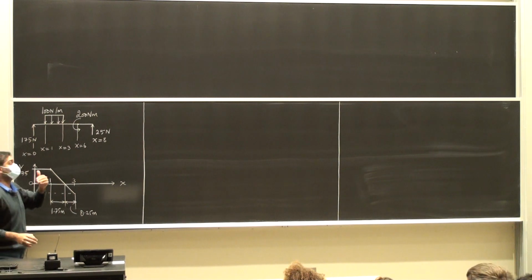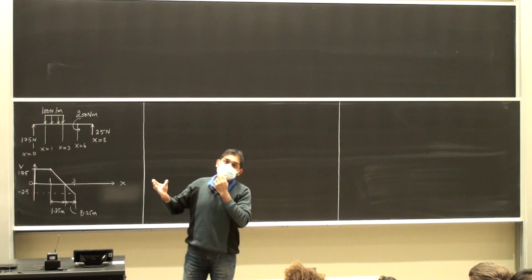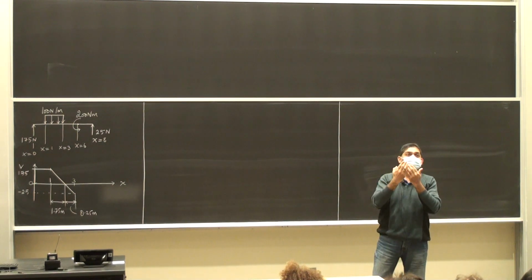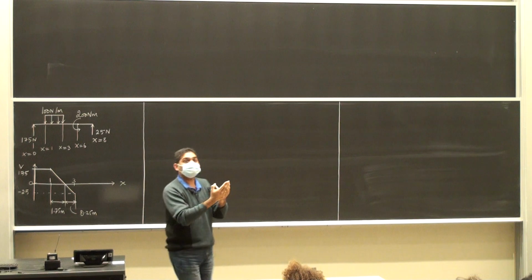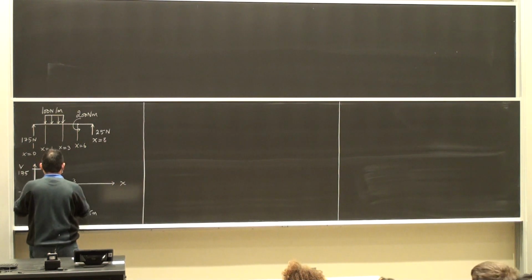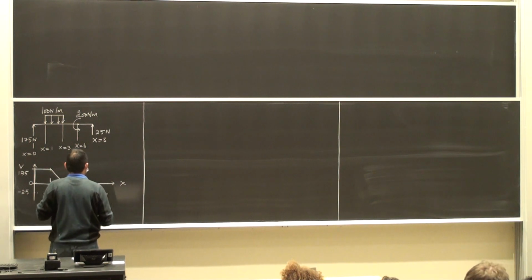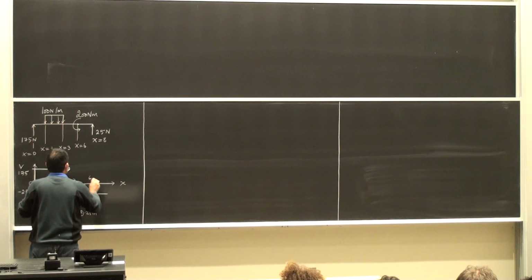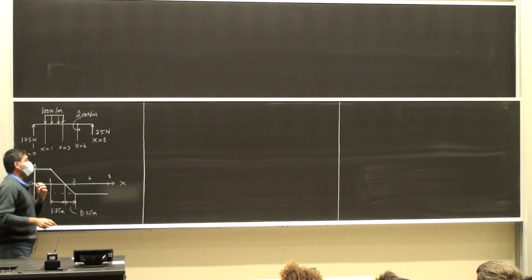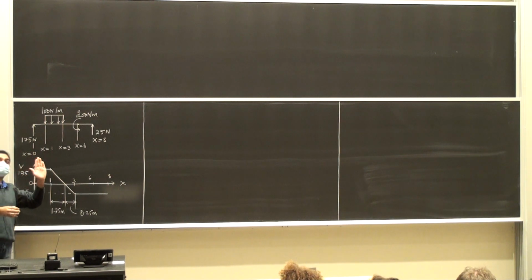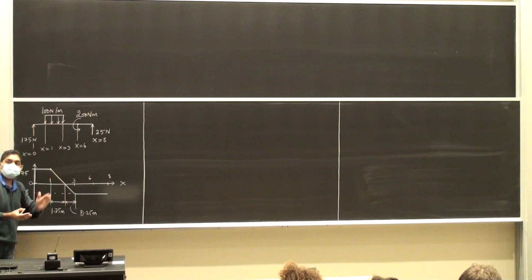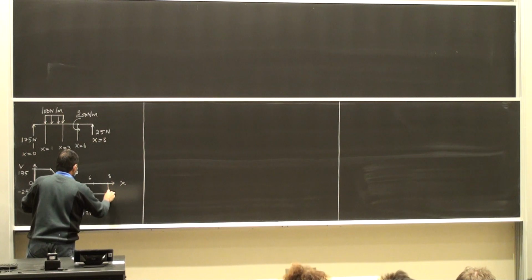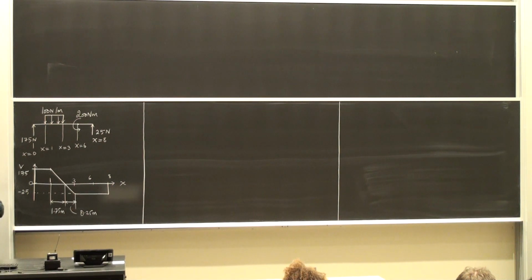Then all the way from 3 all to 8 meters, I see that I don't have any distributed loading. And eventually I just have to keep following a 0 slope pattern from 3 meters to 8 meters. Along the way I cross this 6 meter mark. And then at the end of 8 meters I see that I have a force of 25 newtons acting vertically up. So this is going to push me from minus 25 all the way to 0. Okay, so this is my shear force diagram.